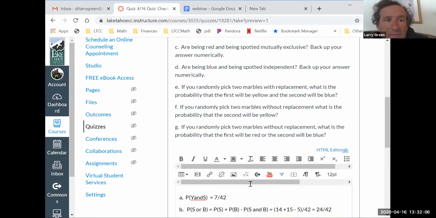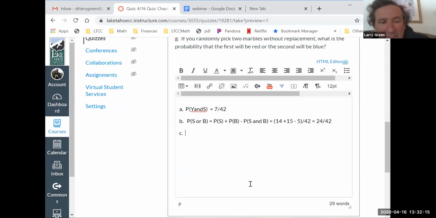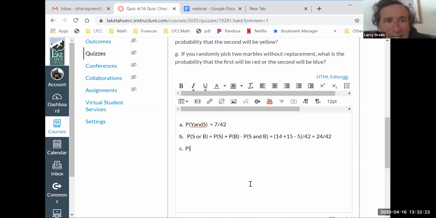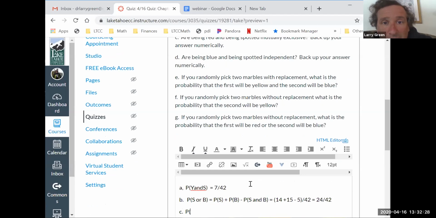Okay, let's do C. C is, are being red and being spotted mutually exclusive? So remember we had a definition of mutually exclusive. So we're looking at, again, red spotted.